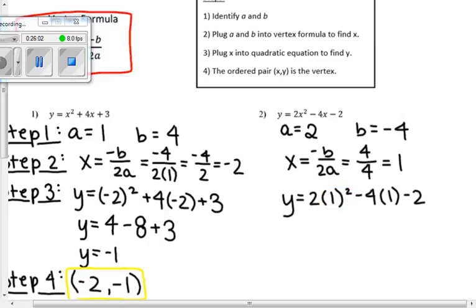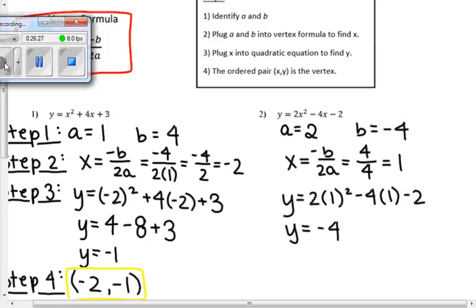So really I have 2 times 1 minus 4 times 1. Well, negative 4 times 1 is negative 4. So now I'm sitting at 2 minus 4, which is negative 2. Minus 2 again, it's negative 4.